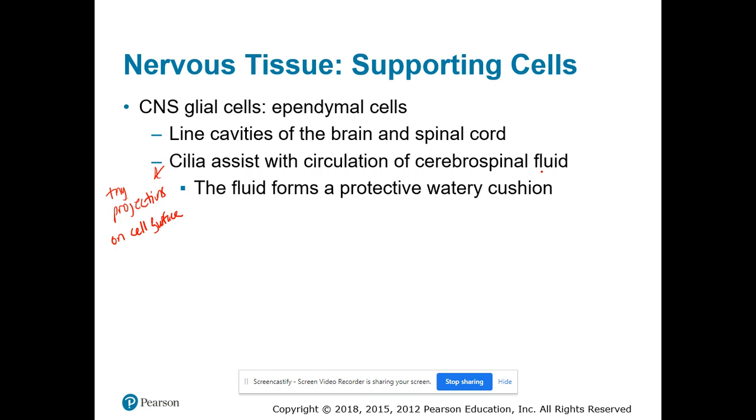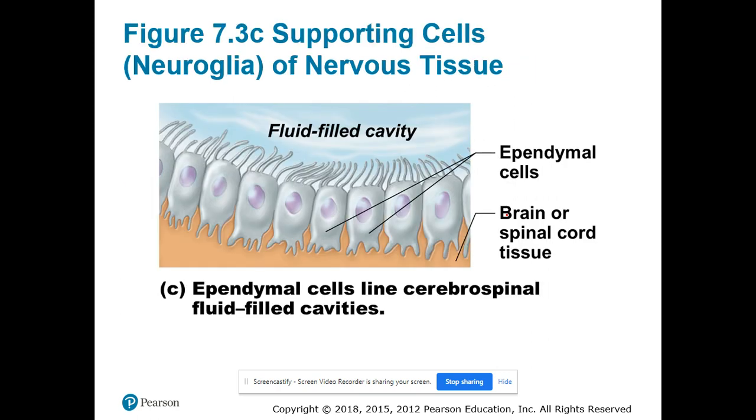Now, cerebrospinal fluid is a fluid that provides a watery cushion around your brain and your spinal cord. So here are our ependymal cells. Up here, these things right here are your cilia that help move the fluid within the brain and spinal cord cavity.